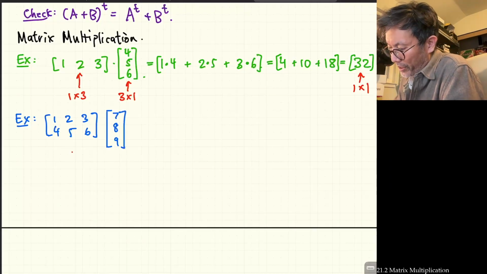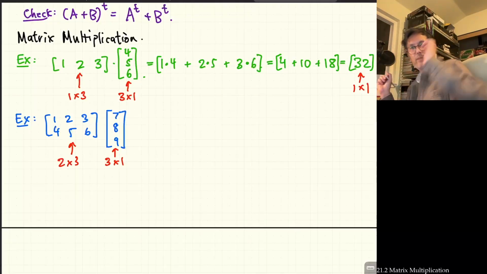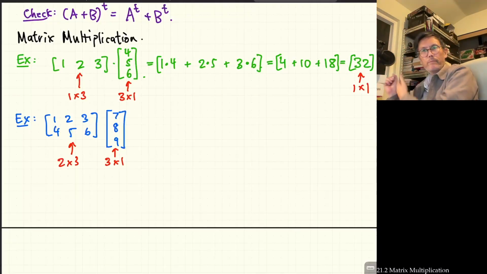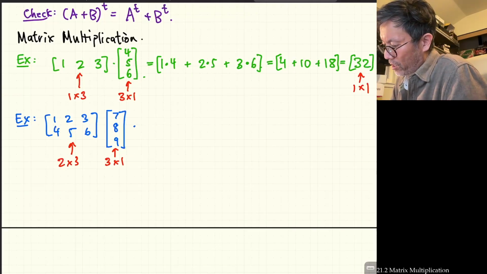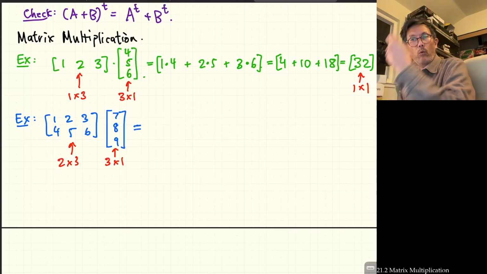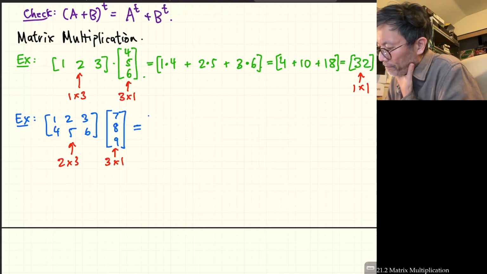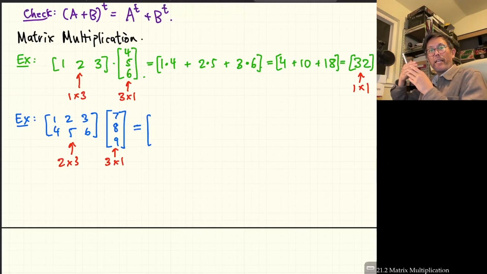To be clear, this matrix here is now 2 by 3, and this column vector here is a 3 by 1 matrix. What happens when we multiply these things together? I claim, and I'm right, that we're going to end up with a 2 by 1 matrix.